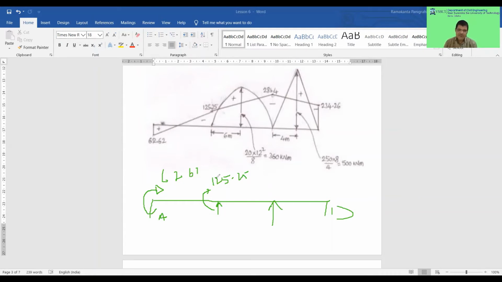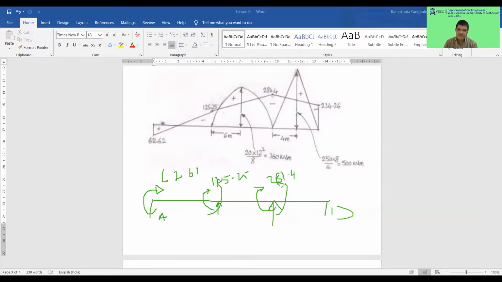Here 125.25 is clockwise, so the bending moment is anti-clockwise positive and is taken as negative here. So 62.62, 125.25. Then here it is again clockwise 28.4, and it is 281.4, and this is clockwise.